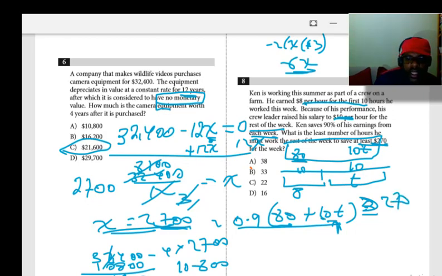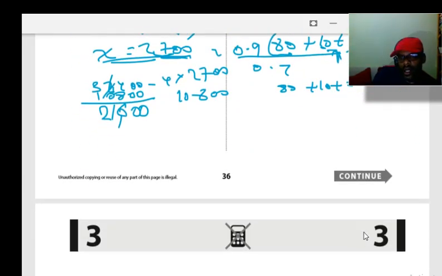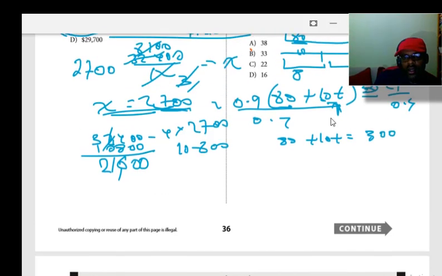So in this case you can either take 10 in common, or you can divide both sides by 0.9. Whatever works for you is good. So 18 plus 10t is equal to, okay, let me slide up. 270 divided by 0.9, I think it's going to be 300, right?